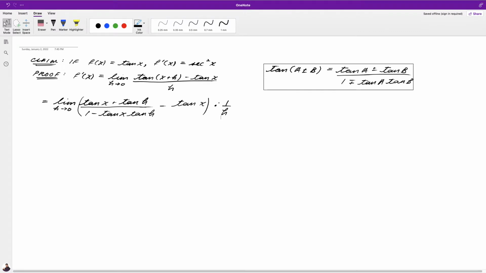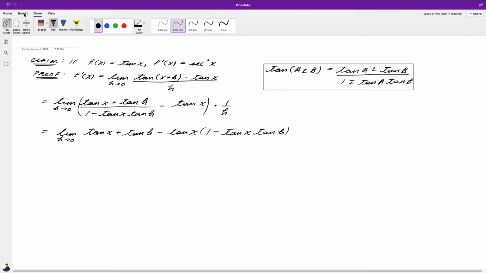Looks clean. All right. So let's get this into a nice compact fraction, right? One numerator over one denominator. That means I'm going to have to multiply top and bottom over here by 1 minus tan x tan h. So here we go. We're going to have the limit as h trends to 0 of tan x plus tan h, minus tan x times the quantity 1 minus tan x tan h, right?